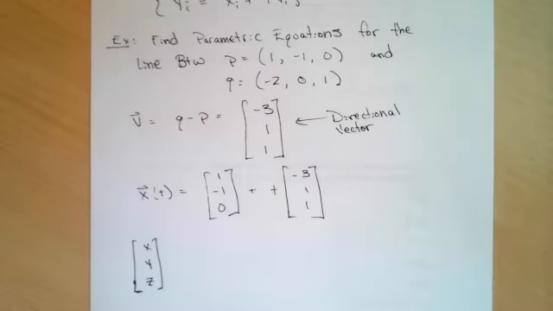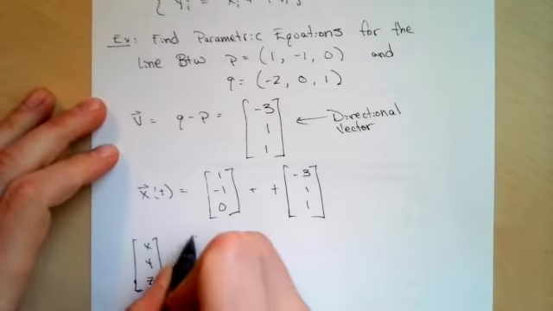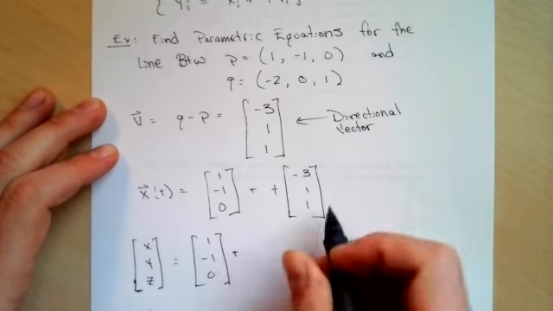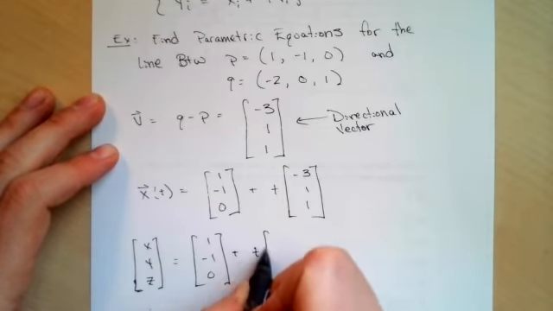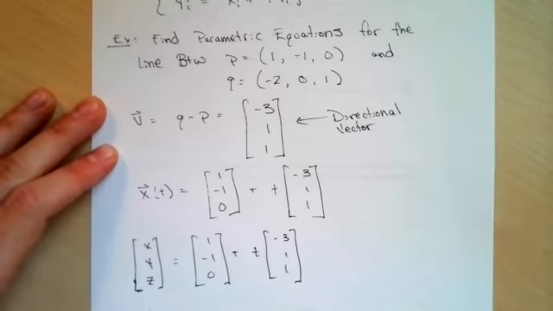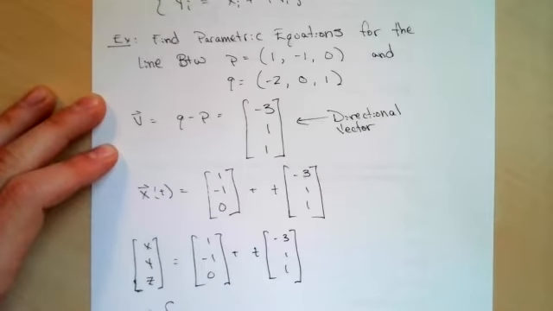And t is our independent variable. Which is going to give us the set of parametric equations. x of t is 1 minus 3t. y of t is -1 plus t. And z of t is just t.